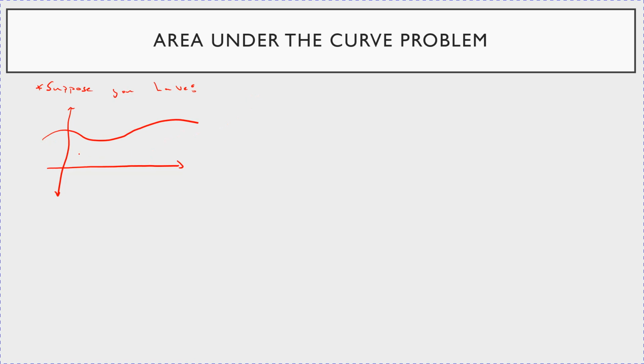And you want to find the area under the curve between 2 points, A and B. So you want to find this area here under the curve above the x-axis between these 2 points, A and B. So find area under curve above x-axis between A and B.